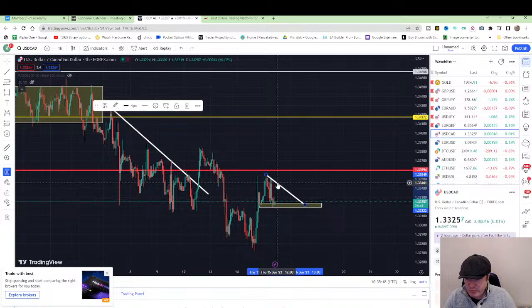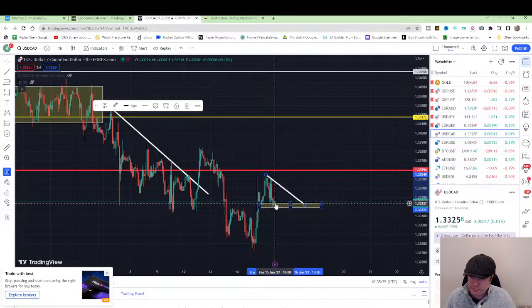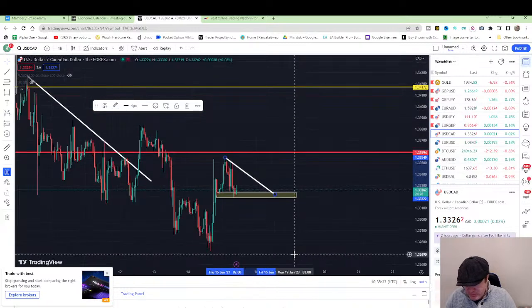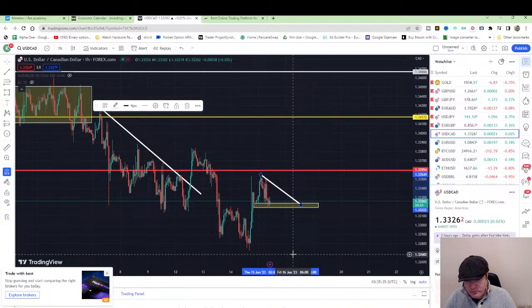In that way, we would like to take a short trade up here instead of a long trade down here. And then we follow the overall trend also. So one more that I just need to stay away from.